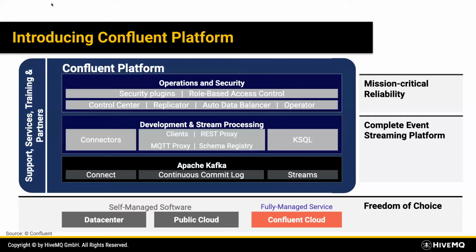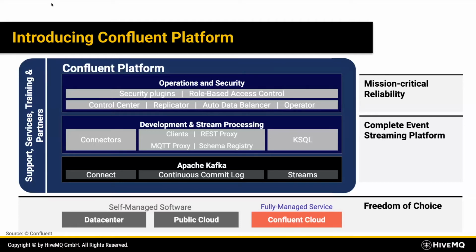And even on top of that, once you get into a state where your deployment becomes mission critical and you want to make sure that you're compliant with your IT security standards and you want to make your operations team happy, then you can get security plugins, a replicator, a control center that we showed, role-based access control, all of the good stuff provided by our good friends from Confluent.